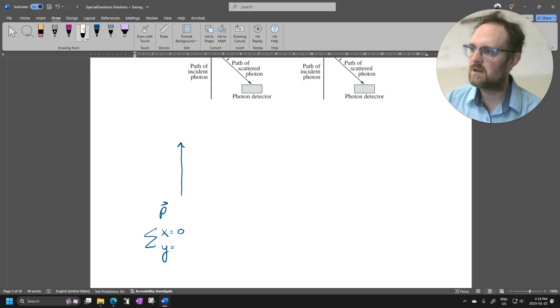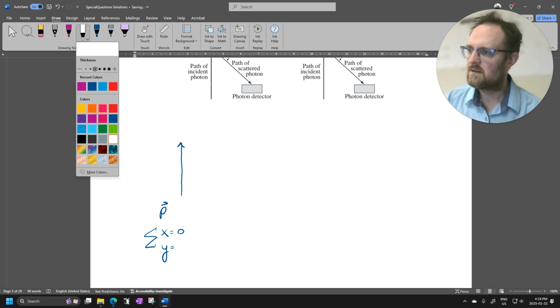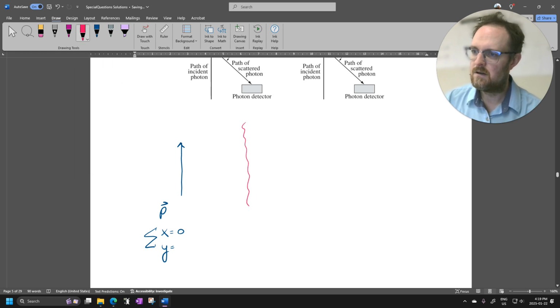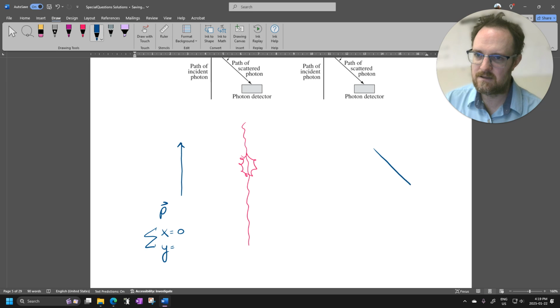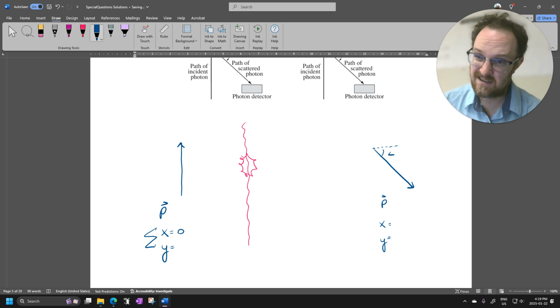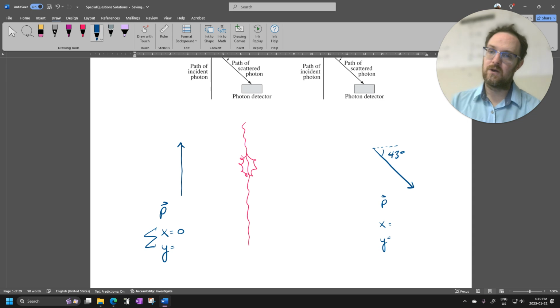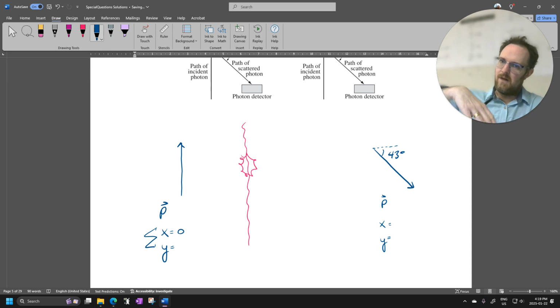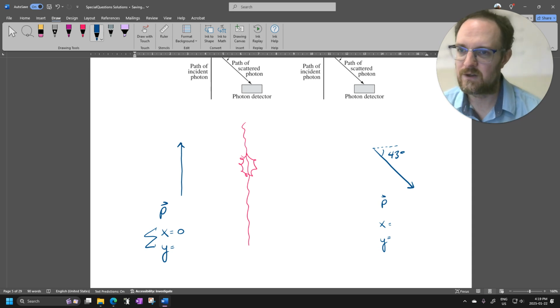Then afterwards, after the collision, this photon now goes this way, downwards, with a momentum, and at an angle, and that momentum is going to have an x and a y to it, at an angle of 43 degrees, right? Because it's 133, I'm just going to minus the top 90 off it, so 43 degrees.